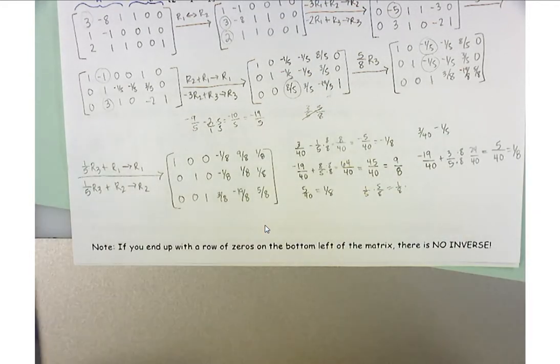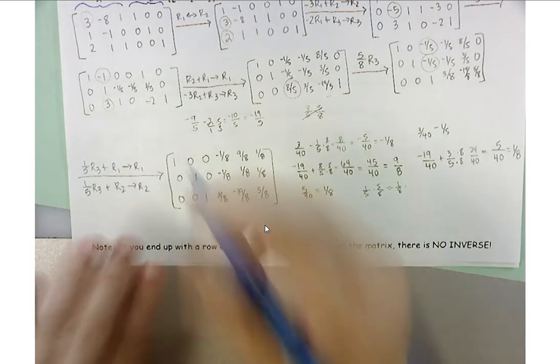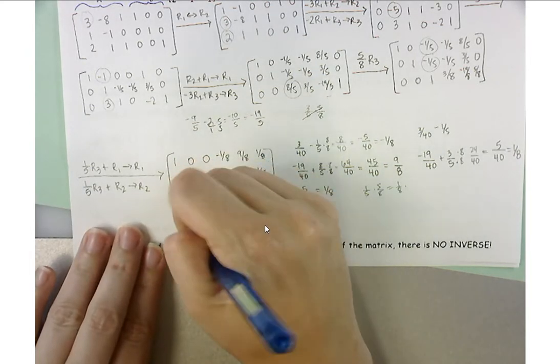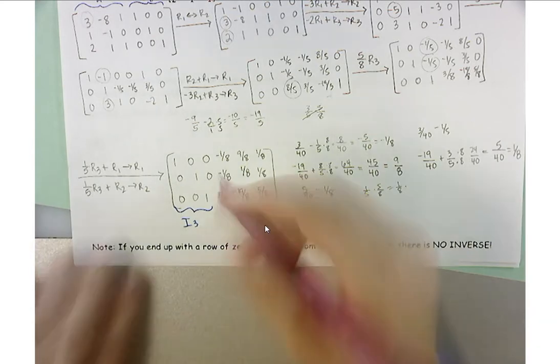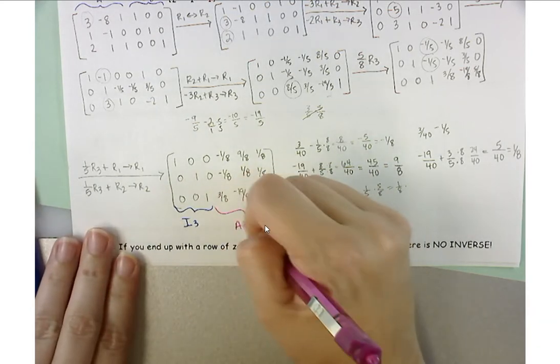And then we did it. So you know that you're done when you have the identity matrix, which is reduced row echelon form. And then this side is your inverse.